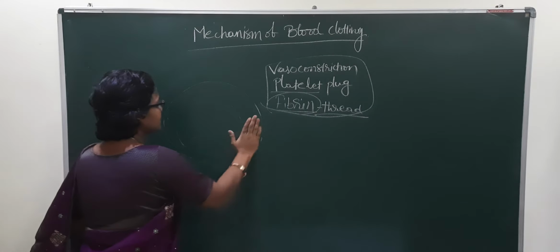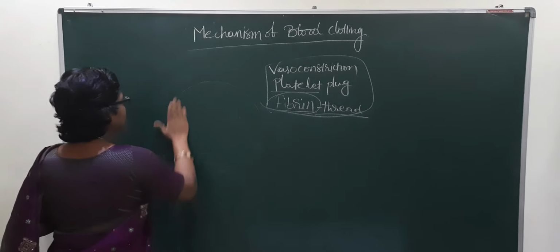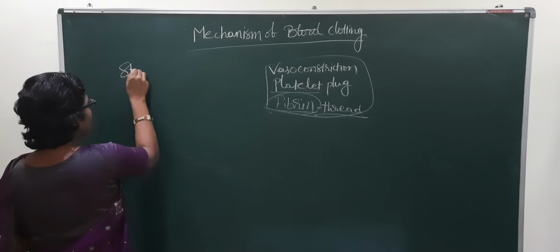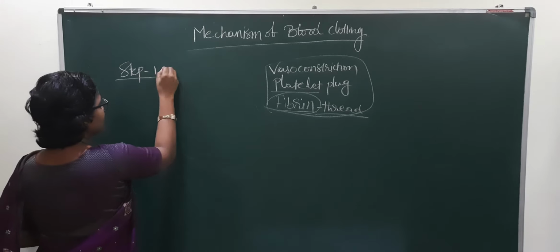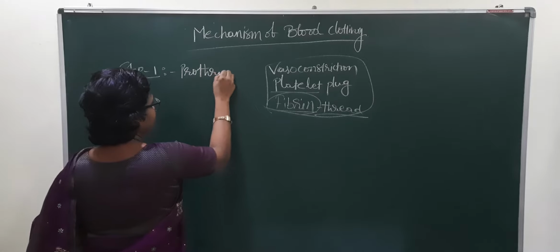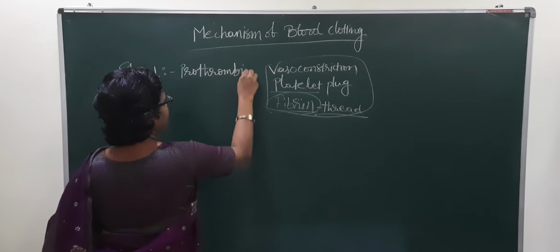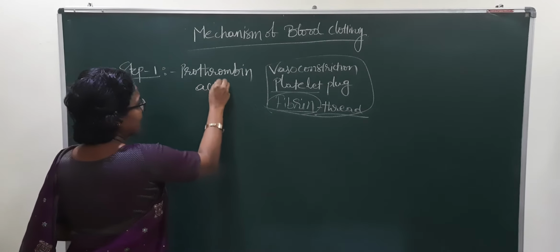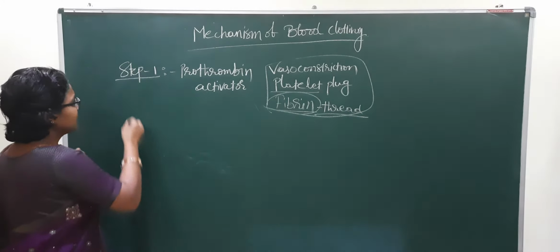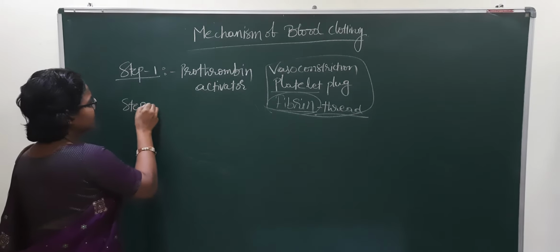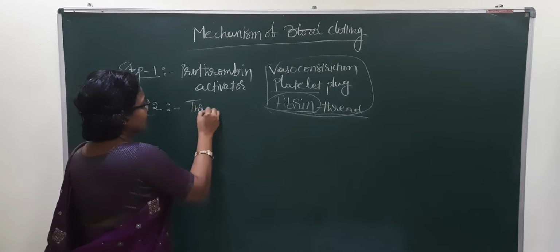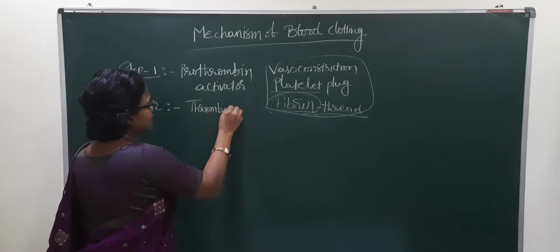Now we will discuss. In step 1, there is a formation of prothrombin activator. Prothrombin activator formation takes place in the first step, and in step 2, thrombin formation takes place.